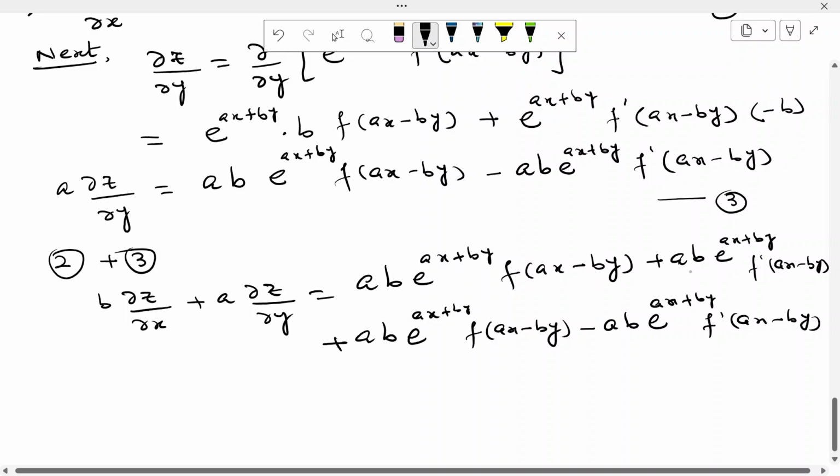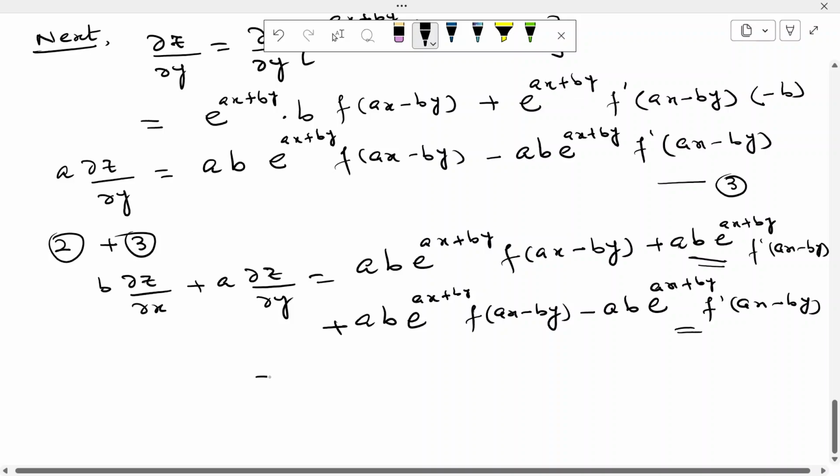So we can cancel these two terms because they are the same with opposite sign. So we are having only 2 times ab, and we are getting 2 times ab e to the power ax plus by f of ax minus by.